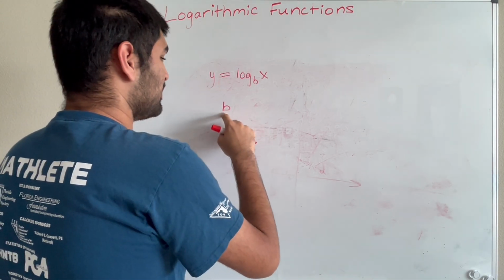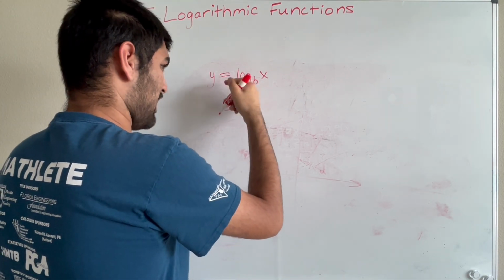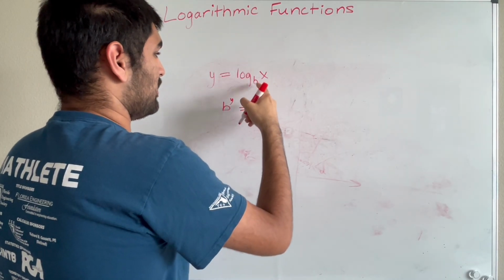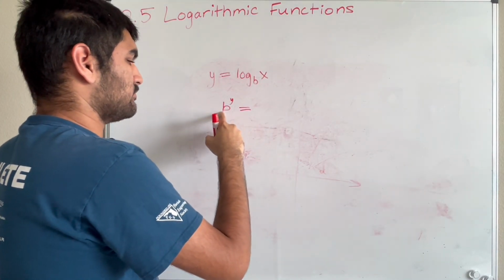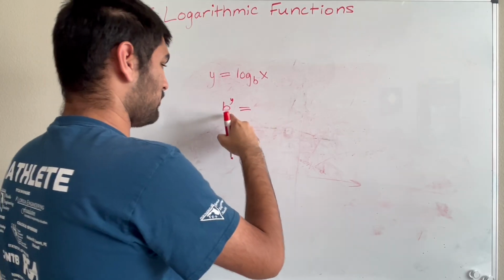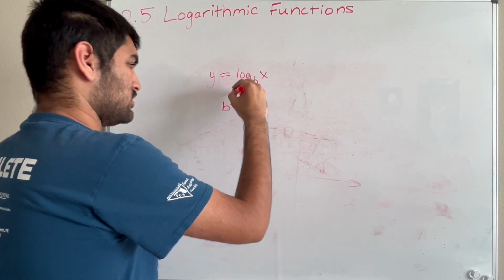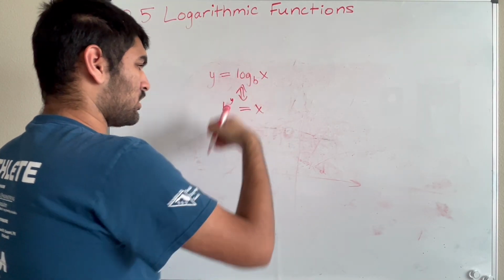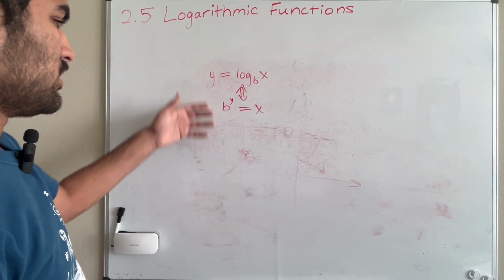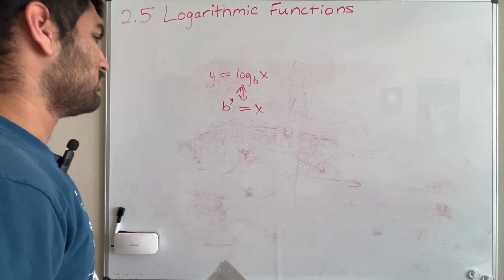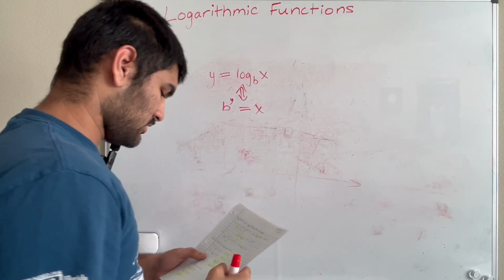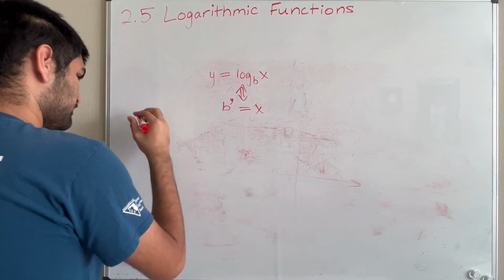So for the b, the exponent is just y, because that's what this is outputting. And then the input for logarithms is whatever the exponential's output. So the output for this is just x. So these two are equivalent statements, right? That's how you convert between logarithms and exponentials.